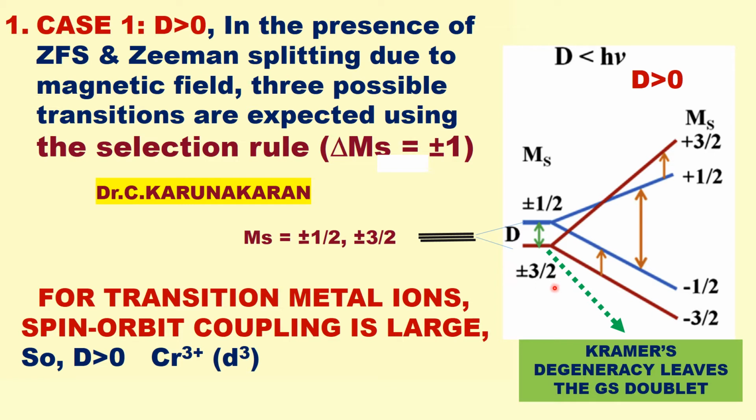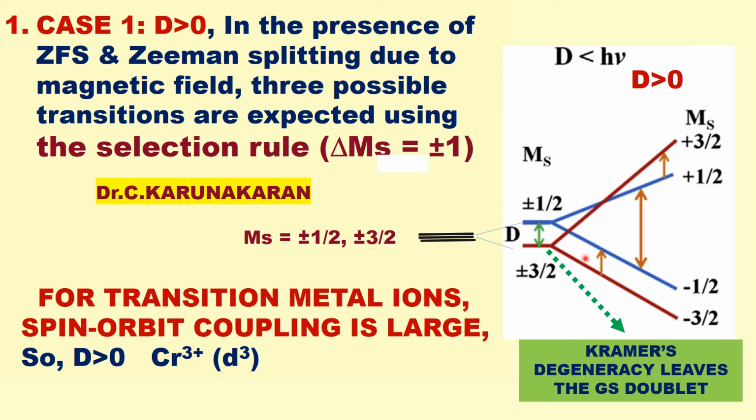For species with an odd number of unpaired electrons, the ground state is always degenerate, that is, a doublet. The ground state is doubly degenerate. That is called Kramers degeneracy. Kramers degeneracy leaves the ground state a doublet.